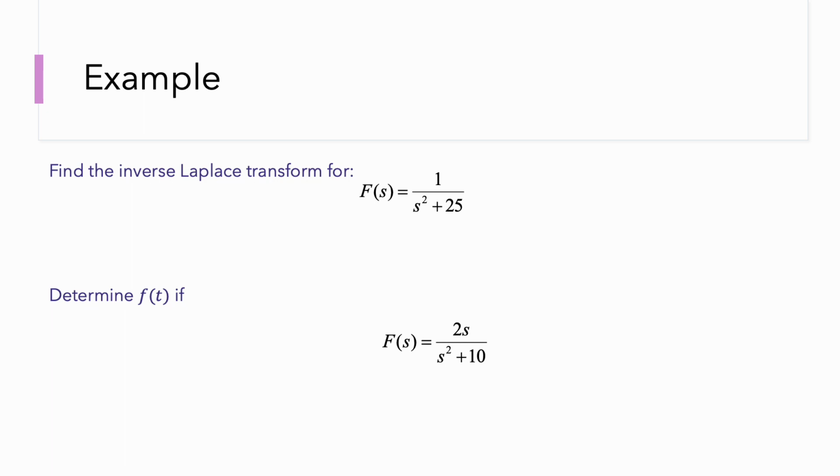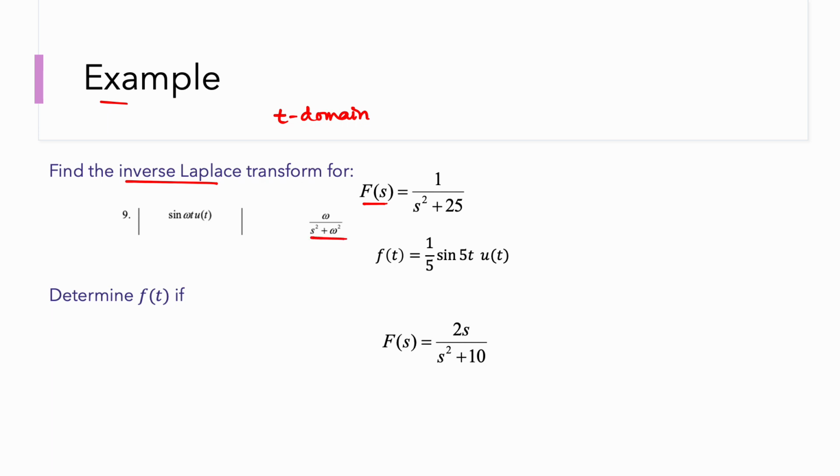Now let's look at another example of the inverse Laplace transform. Given to us is the equation 1 over s squared plus 25, and we need to determine the t domain. Let's use the method of referring just to a table.